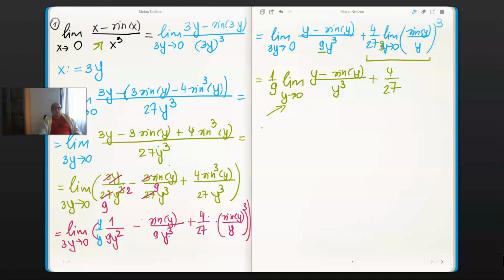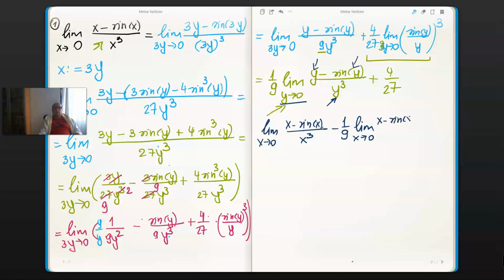You see that? We can come back to x, or y, or z, it doesn't matter. This is just the same idea. We have a variable and exactly the same expression, we just have 1 divided by 9 here. So we're bringing it to the left-hand side, and we have the limit as x towards 0 of x minus sine of x divided by x cubed, minus 1 divided by 9 times the same limit. If I'm switching back from x to y, or from y to x, it doesn't change the idea of the limit.